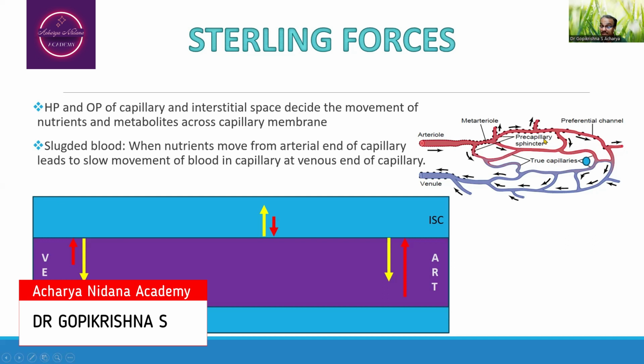In that sense, the movement of the blood starts in the other capillaries also. Or the movement of the blood or the fluid will happen from these preferential channels also. Hence, the sludged blood is going to increase in these capillaries, these preferential channels and these other capillaries also.